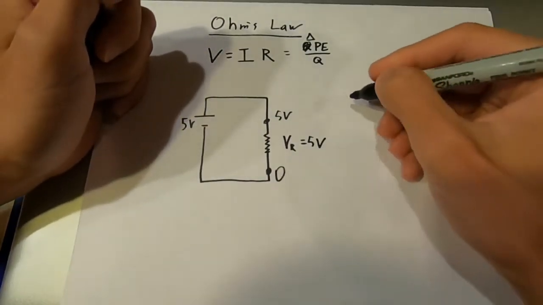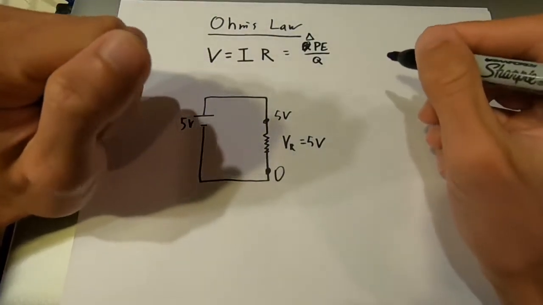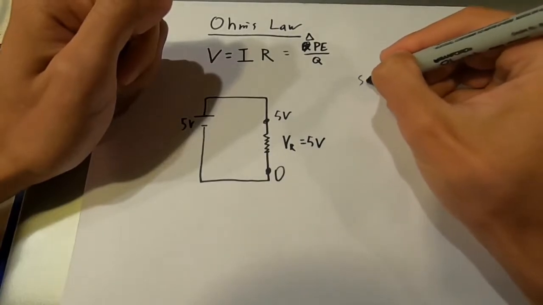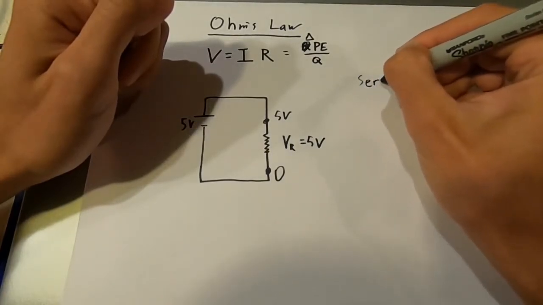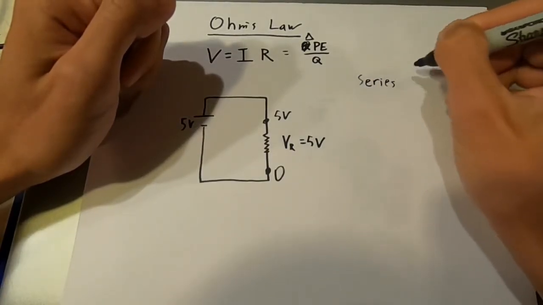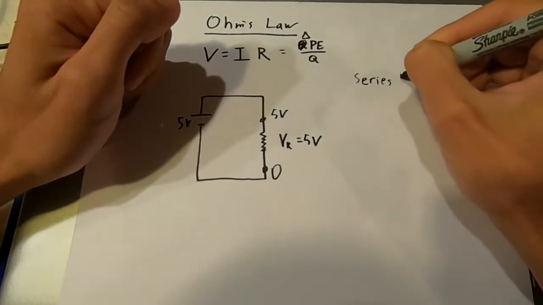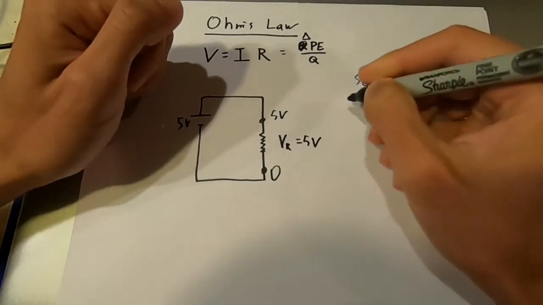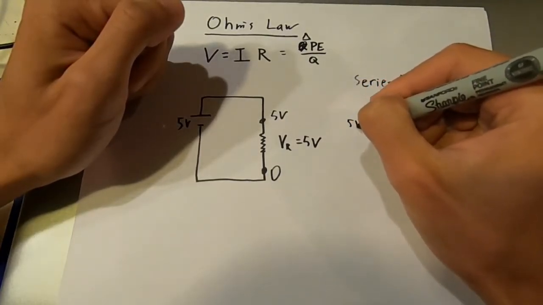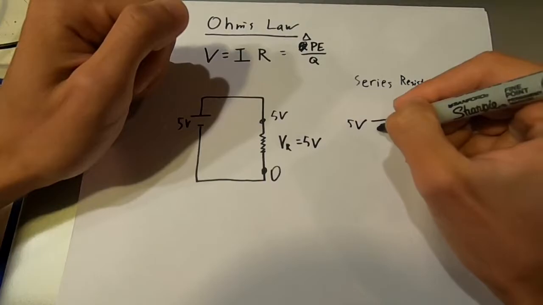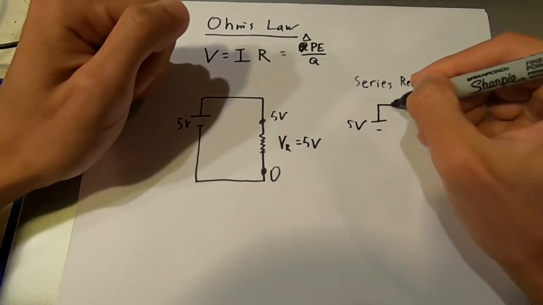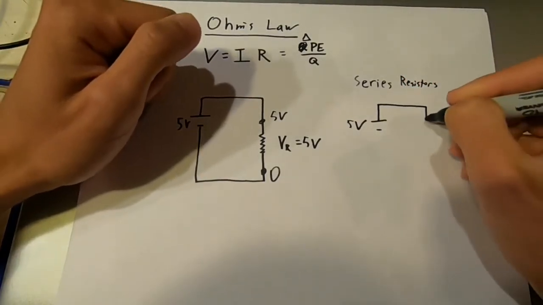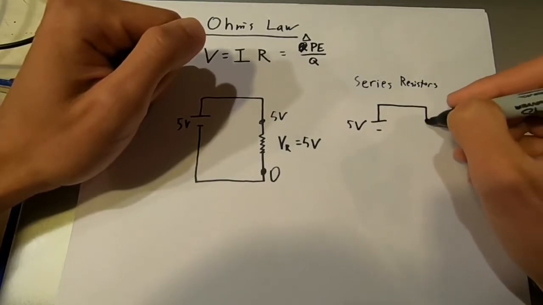Let's say we had multiple resistors, so we'll do a really simple series circuit. So again, we'll have our 5 volt power source. But this time we'll have 2 different resistors.